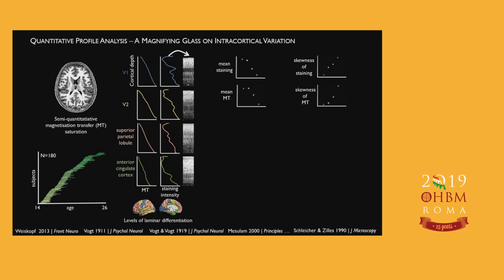The skewness actually moved in the opposite direction. It increases from sensory to more limbic. And the skewness refers to this non-linearity of the profile. You see a very positive skewness when there's a preferential accumulation of myelin towards the white matter boundary. So you can see that skewness quite nicely in those green profiles there.